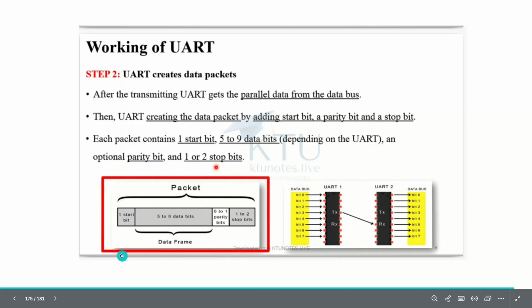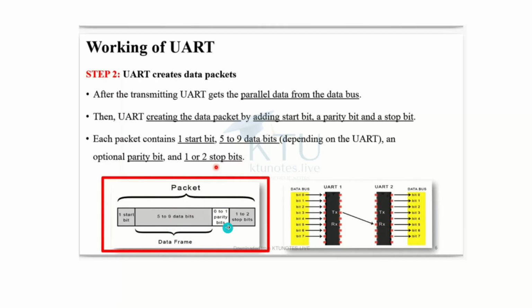This packet, we know, contains a start bit, the data bits, like 5 to 9 data bits, and then a parity bit that can be 0 or 1, right? The parity bit is optional, and there are also optional 1 or 2 stop bits. So parity bits can be 0 or 1.